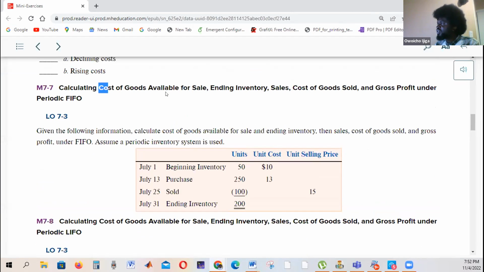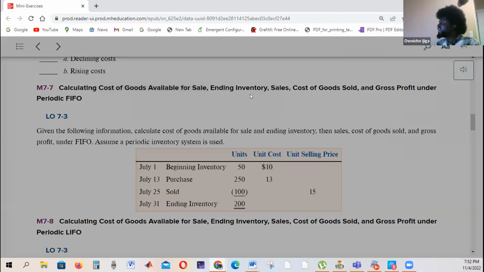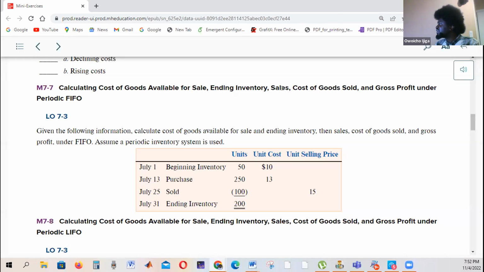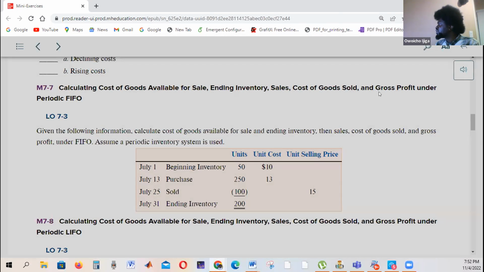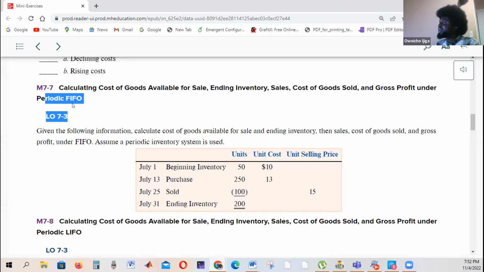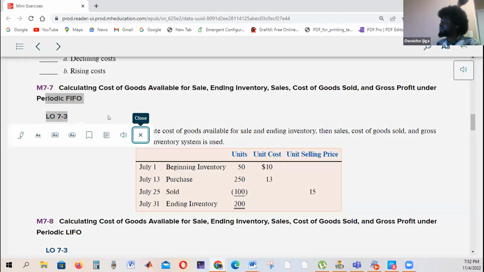Calculating the cost of goods available for sale, ending inventory, EI, sales, cost of goods sold, and gross profit under the periodic FIFO.